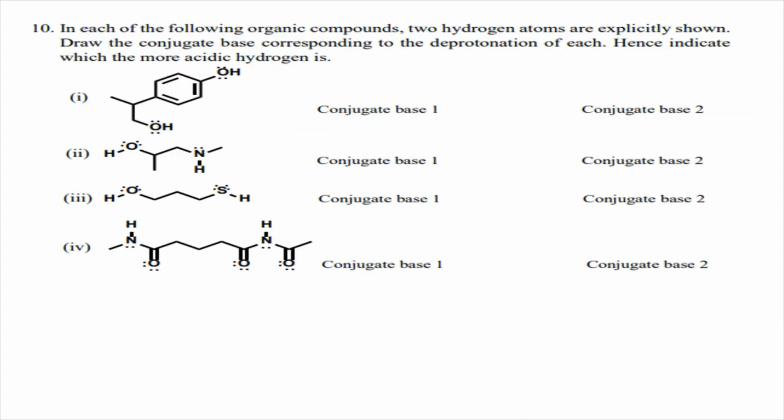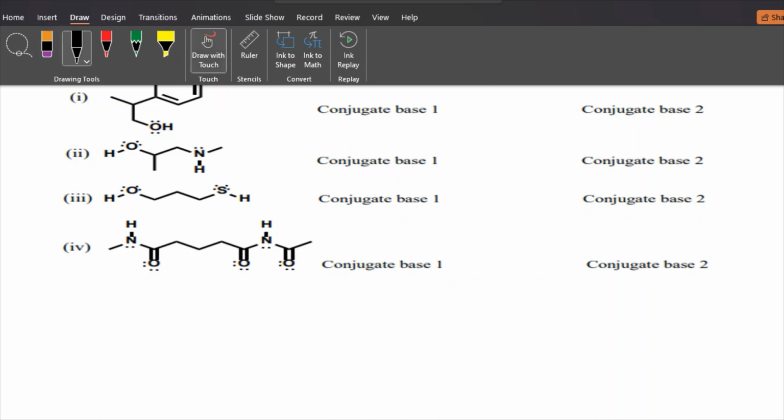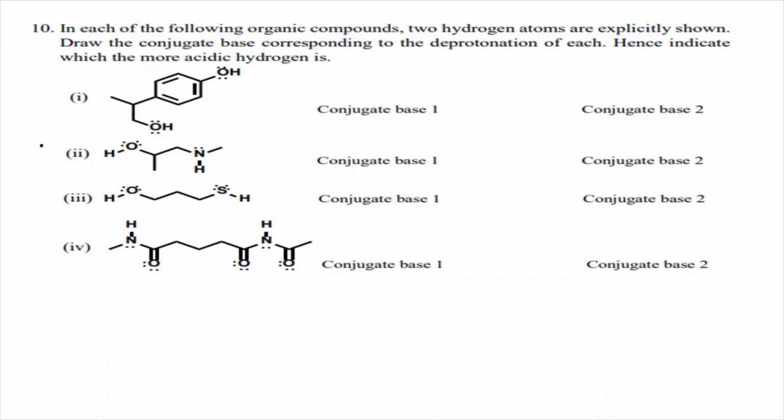Question 10. In each of the following organic compounds, 2 hydrogen ions are explicitly shown. Draw the conjugate base corresponding to the deprotonation of each. Okay. So there's a hydrogen here and there's a hydrogen here.